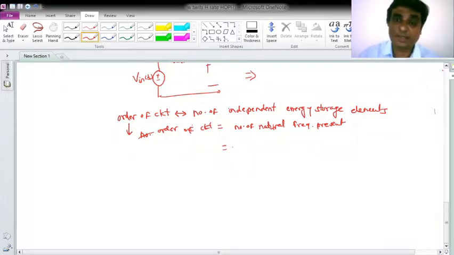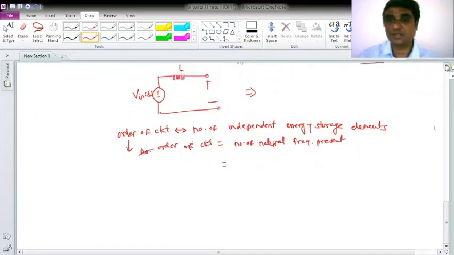And the number of independent energy storage elements can be defined as the number of independent initial conditions. So it means how many initial conditions you can define in the system which are independent of each other. So this is nothing but the order of the system.